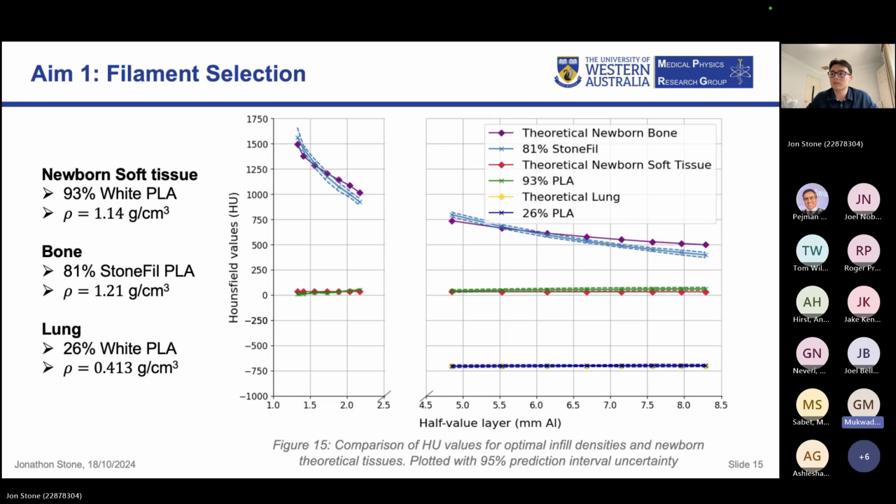So the question is, do you think that using HU as a way of validating the properties of that material is good enough? So yeah, you could definitely take it further, but all other studies in the literature do it in terms of HU or linear attenuation coefficient, but you can take it further and probably go into electron density and the effective atomic number as well.